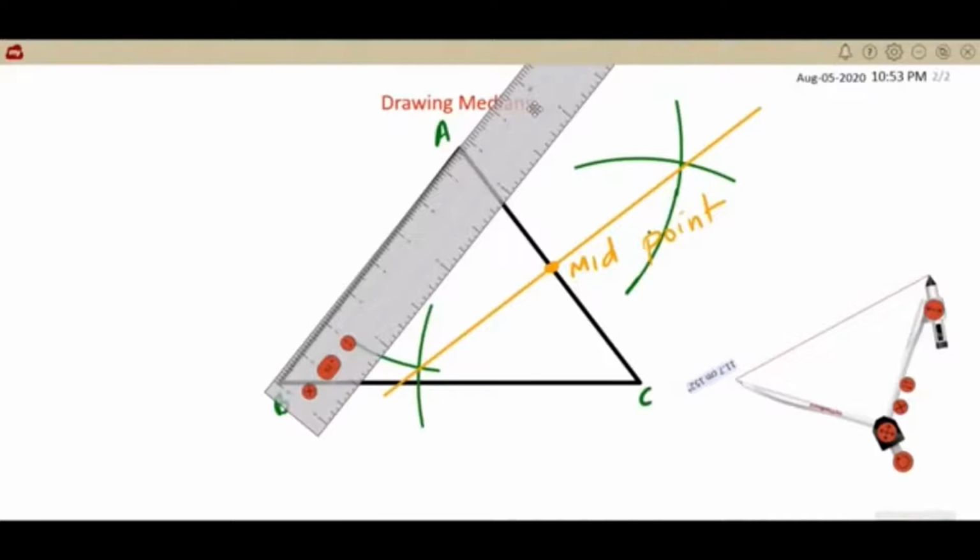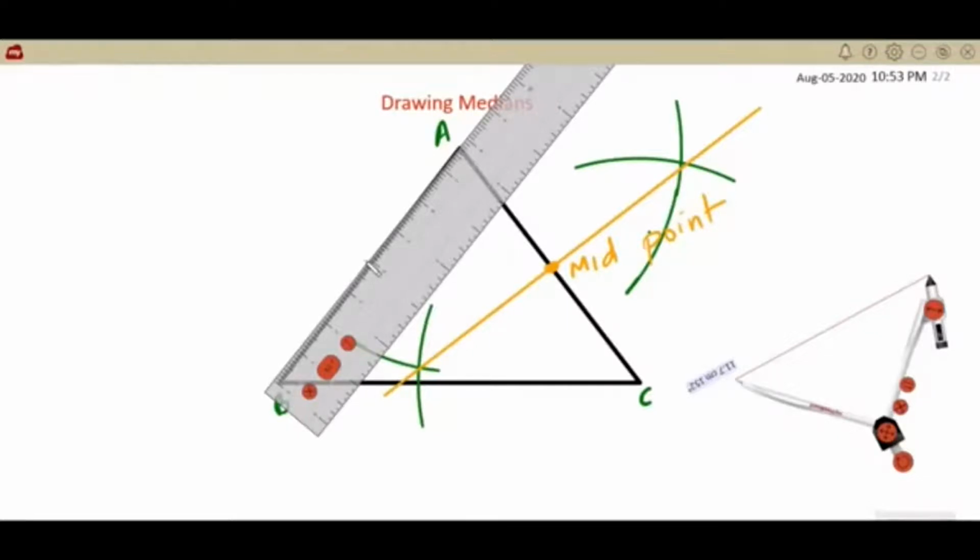7.7 and another 7, so 3.5 and another 3.5, that means 3.85, 3.9, 3.85. So roughly beyond 3.5 a point can be marked. I am saying it roughly, meaning it will not be as accurate as how we did the AC side midpoint.